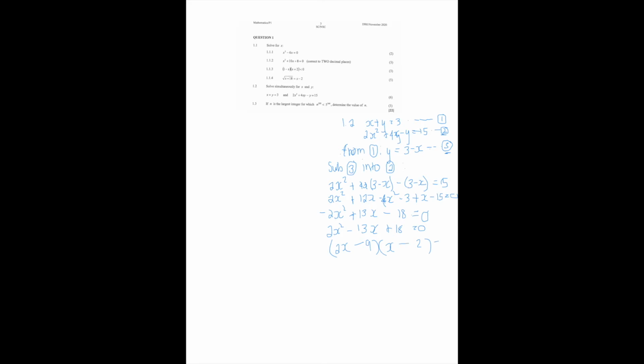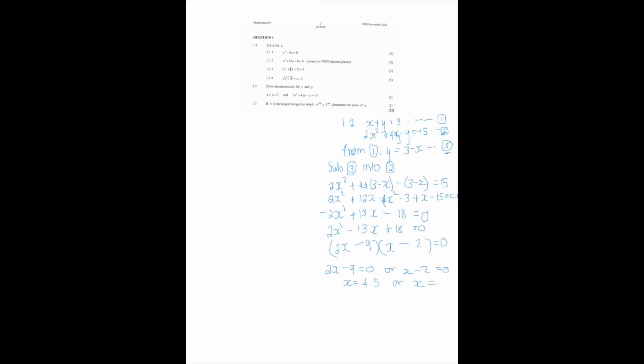And that would be equal to 0, which means that either 2x minus 9 is equal to 0, or x minus 2 is equal to 0, which means x is equal to 4.5, or x is equal to 2.